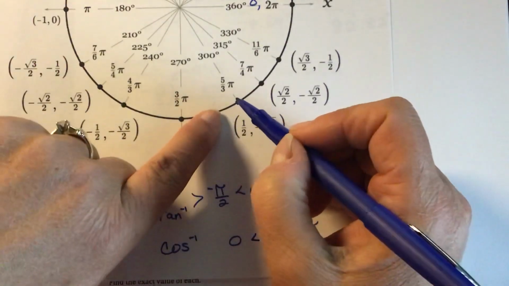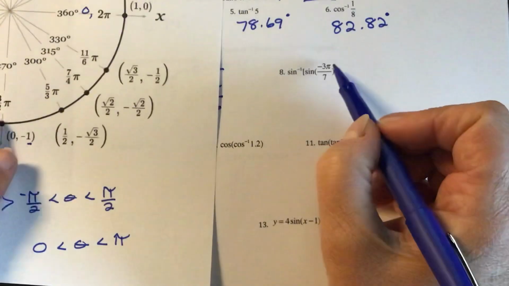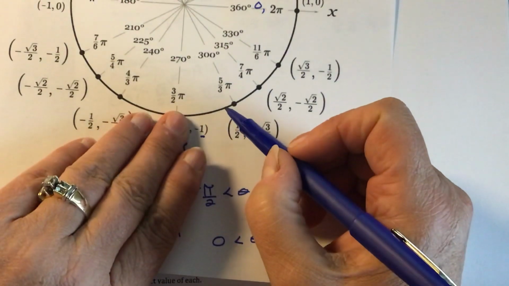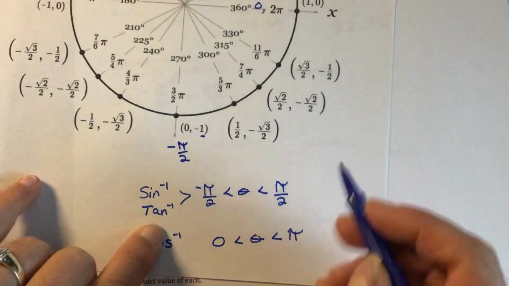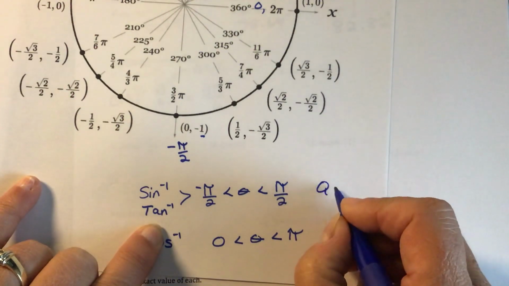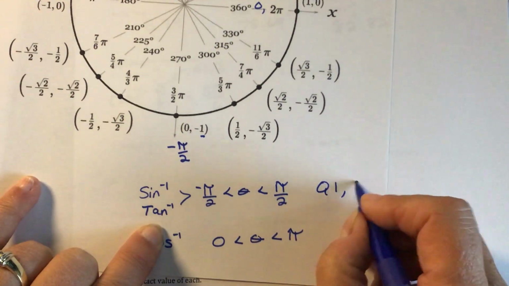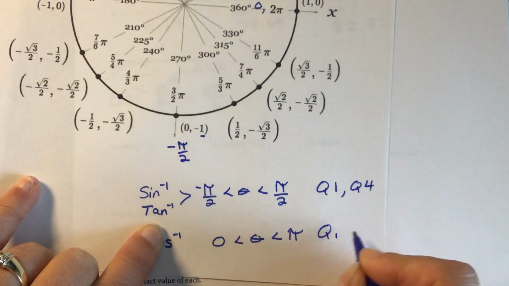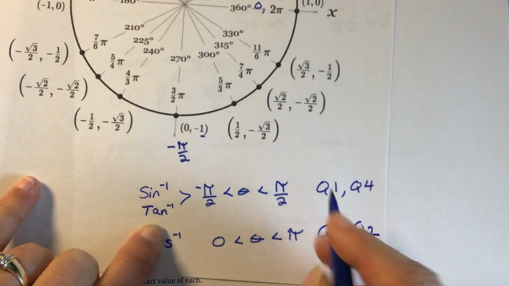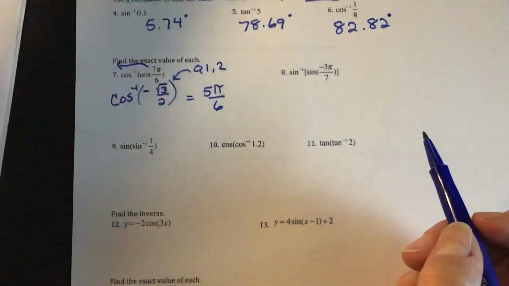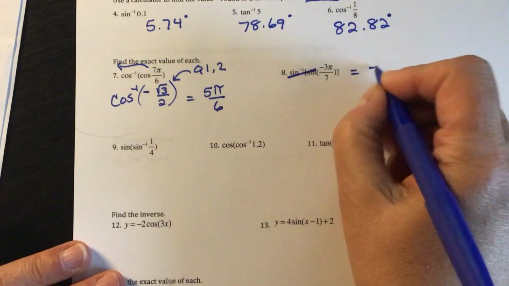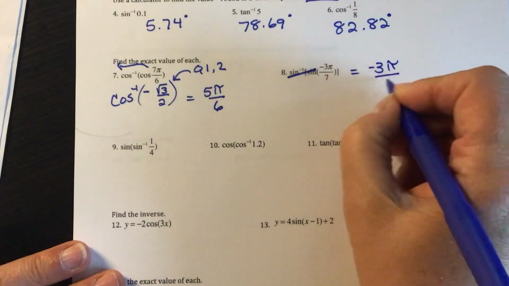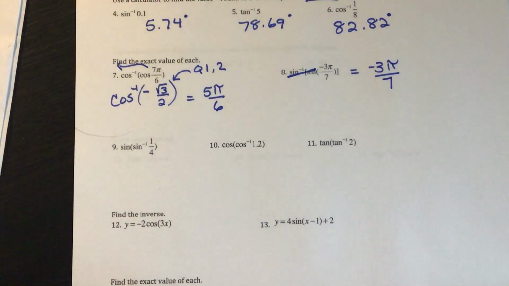And since that angle is in quadrant 4, where sine and tangent have to be in either quadrant 1 or quadrant 4, we can, in this case, cancel these out, and I have negative 3 pi over 7 as my answer.